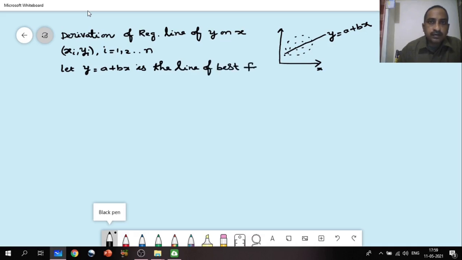for the given n data points, right? So if you observe this equation, there are two unknown values, that is nothing but the constants, or we call them parameters, to obtain: a and b.